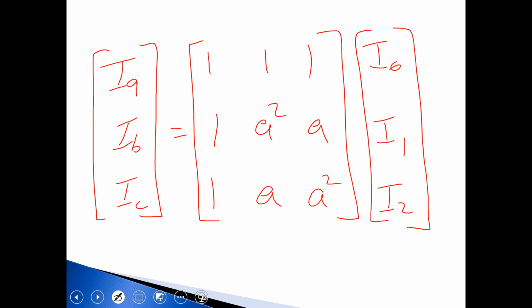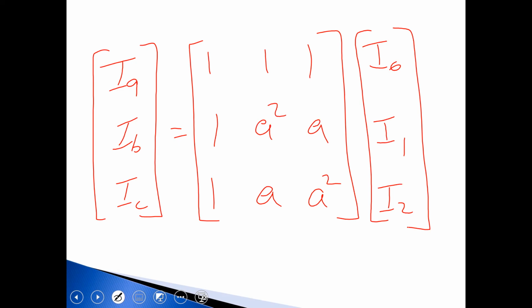Now, where we need to be careful, let me just go back to what the question asked. All right, so we're asked for the per unit current.